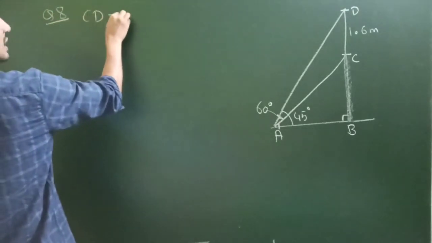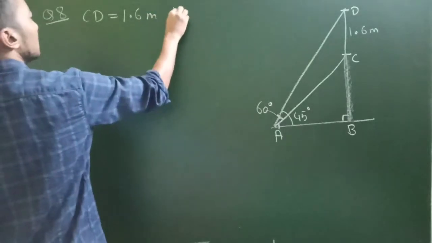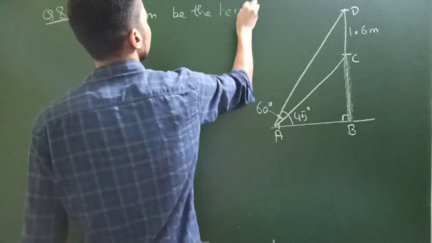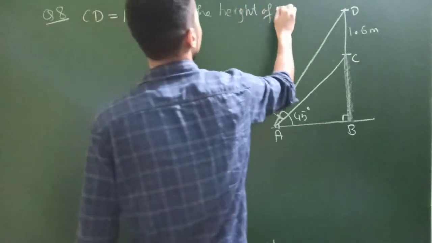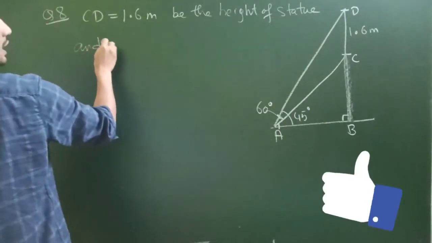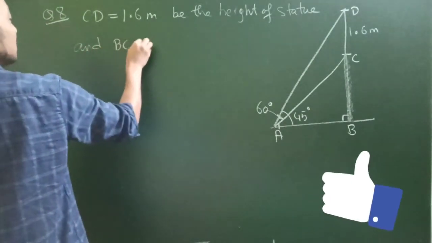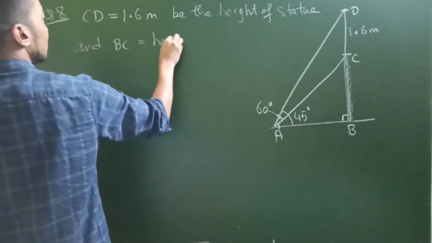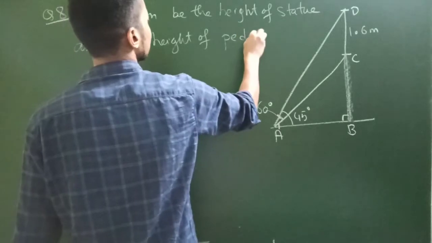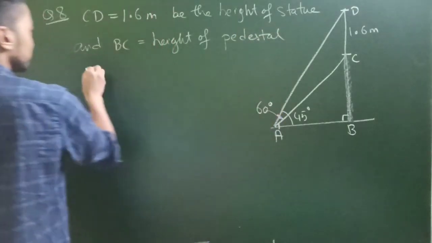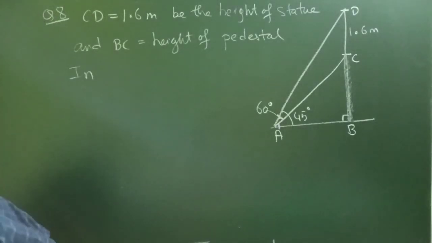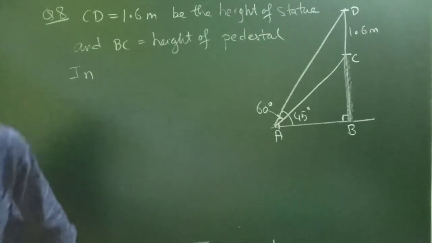So CD is equal to 1.6 meter, the height of the statue, and BC, the height of the pedestal. So again, as I had mentioned earlier, I prefer solving with the smaller triangle first.